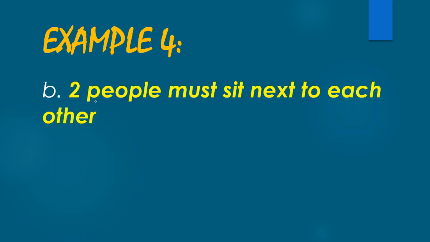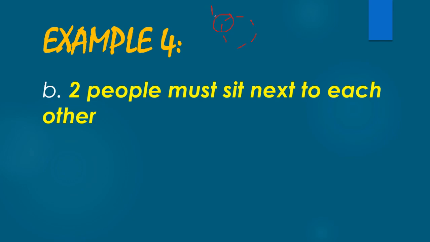And then next, if 2 people must sit next to each other. Let us just imagine we have an arrangement in a circular manner. So 1, 2, 3, 4, 5, 6, 7. For example, this is a circular table, and the 2 people must sit next to each other. Let's say these 2 positions will be considered as 1.